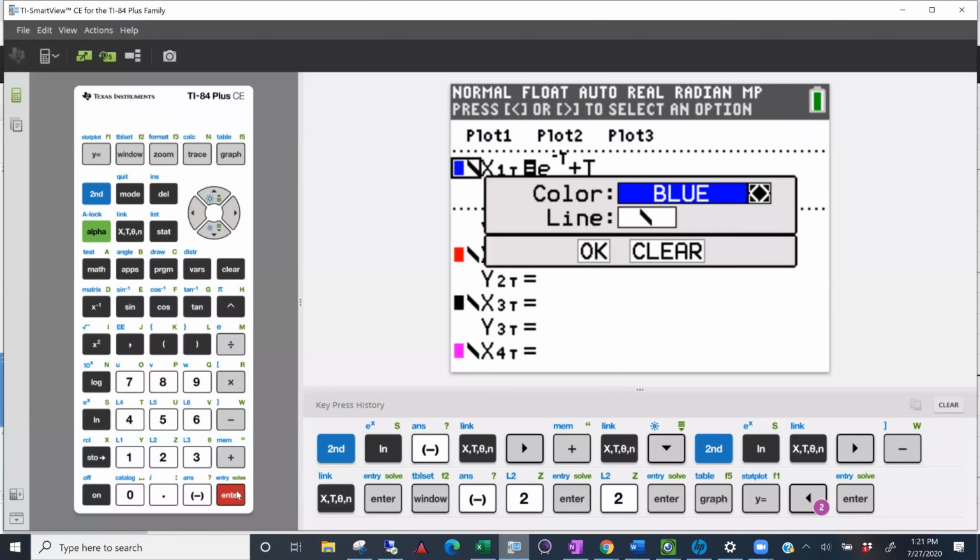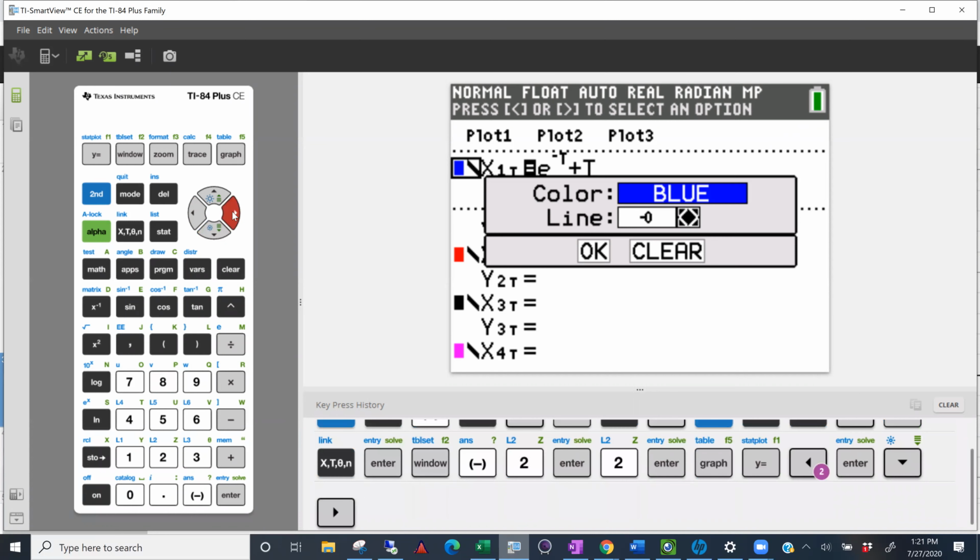And if you press enter, you can change the colors on this line. But blue is such an awesome color, I wouldn't want to change it. So let me go down here to line. And if you press the right arrow key, you get something like this. Now, it's not enough just to press the right arrow key. After that change, you got to go down and hit the OK button.